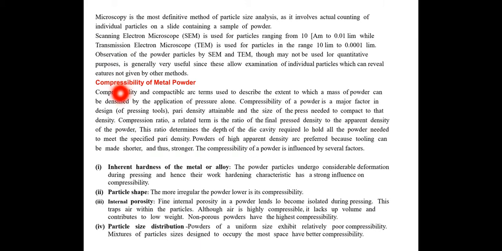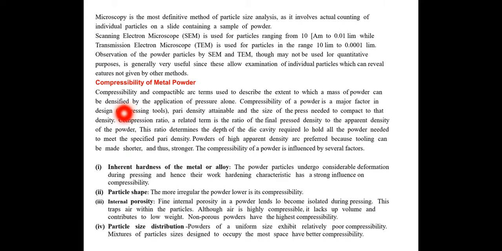Then compressibility of the metal powder. The word itself gives the idea that we have to compress the metal powder. Compressibility and compactibility are terms used to determine the extent to which a mass of powder can be densified.